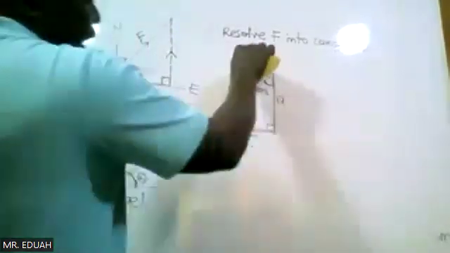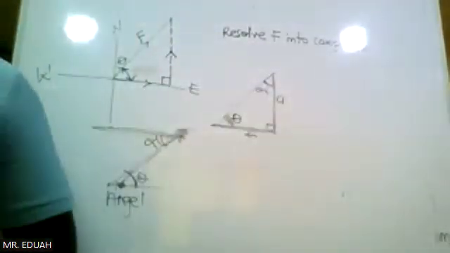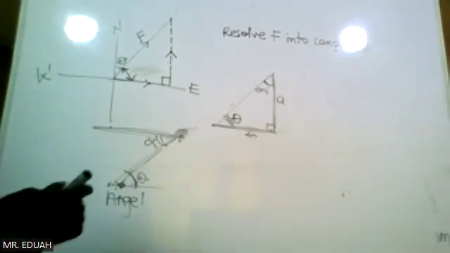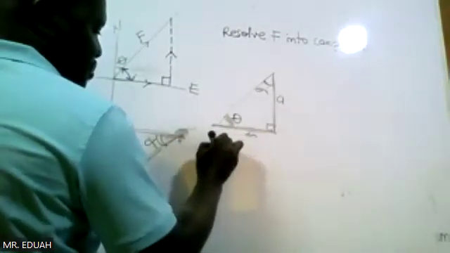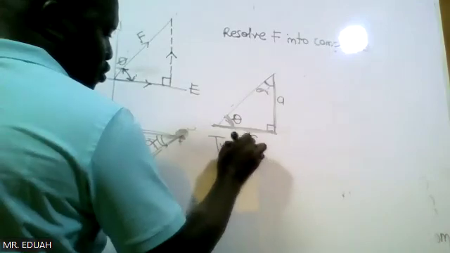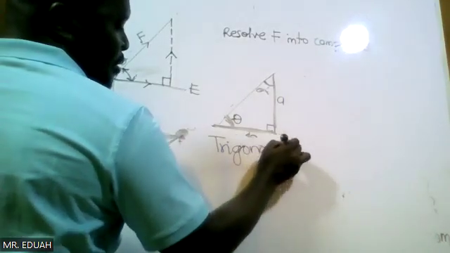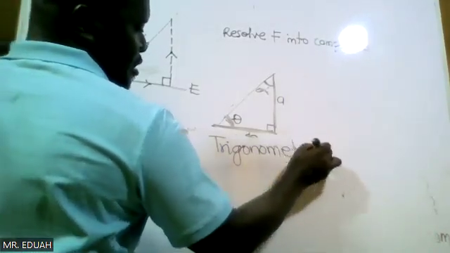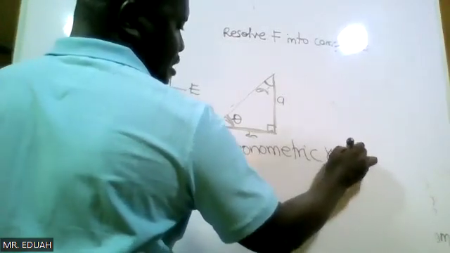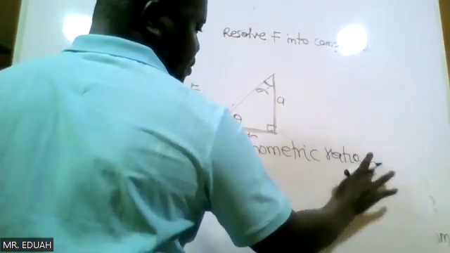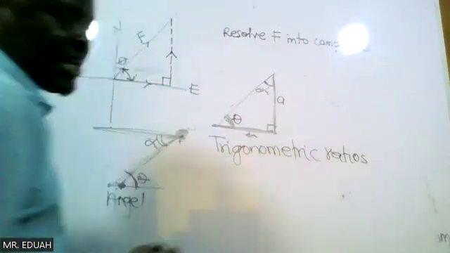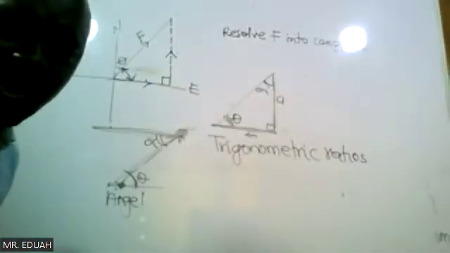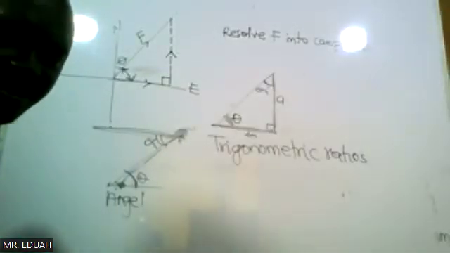There are three main trigonometric ratios. In fact, trigonometry means measurement of triangles. That's the meaning of trigonometry.